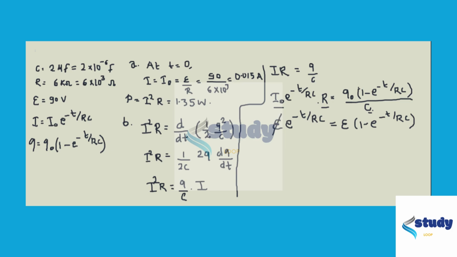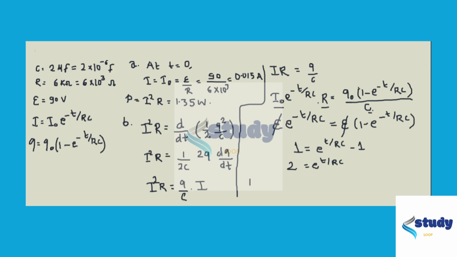Now E gets cancelled out, and if you multiply by e to the power t by RC on both sides, then this gives me 1 equals e to the power t by RC minus 1. So 2 equals e to the power t by RC.